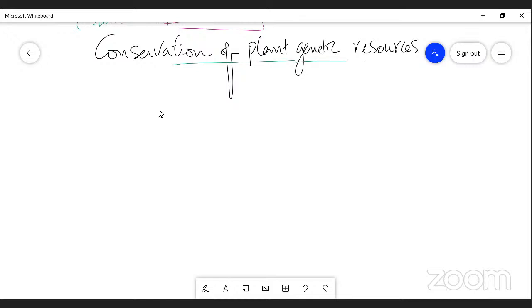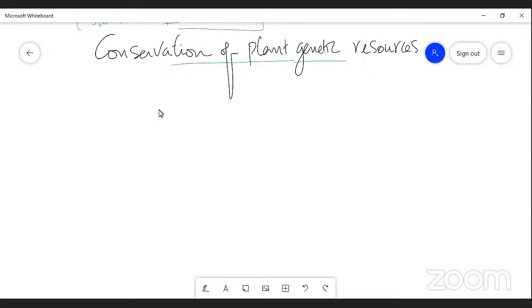Yes, students, am I audible? Here, the answer is hidden in the title, conservation of plant genetic resource. Actually, the plant genetic resources are preserved for future purposes, or for breeding purposes, or for improving crops in future, or in order to do research work, like pollen, seeds, or tissue, or any other organ or organelle, right?